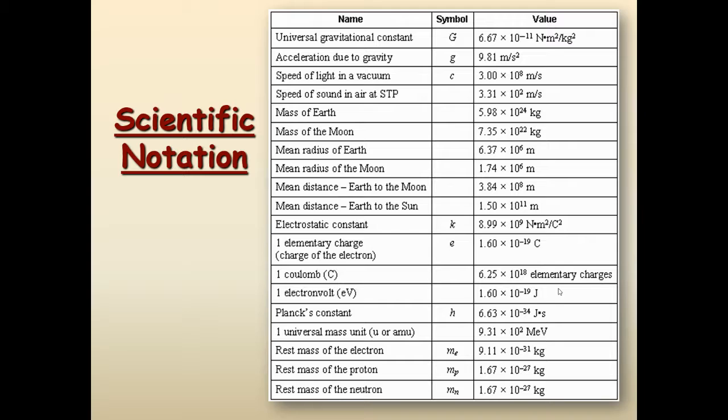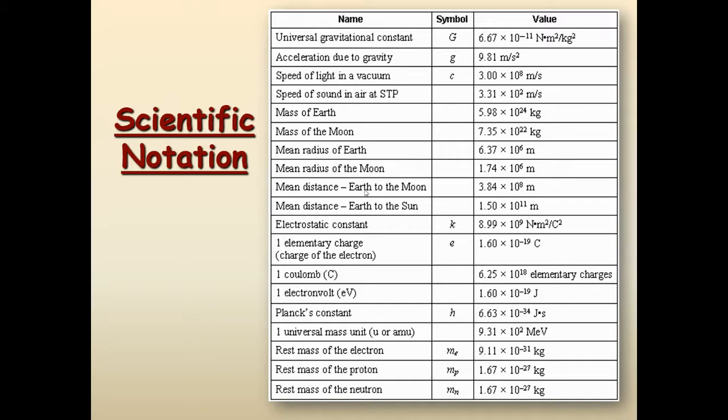But the reason why we use scientific notation is because if you look at these numbers over here, these are numbers of things like the mass of an electron, mass of a proton, distances between the Earth and the moon, the Earth and the sun, the radius of the Earth, things like that. Some of these are very big numbers and some of these are very tiny numbers.